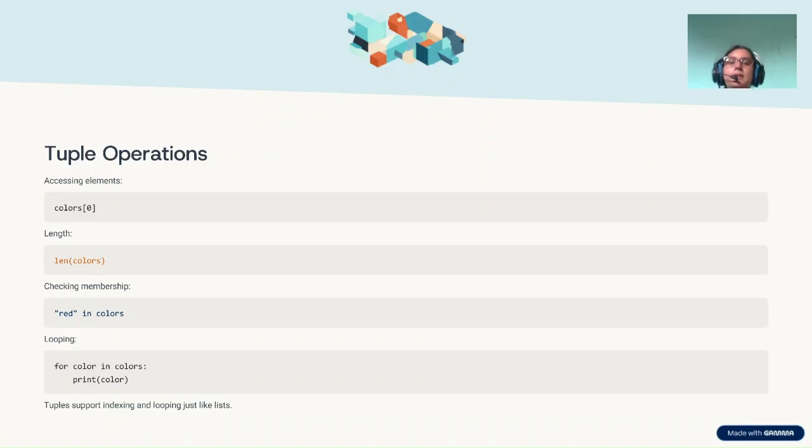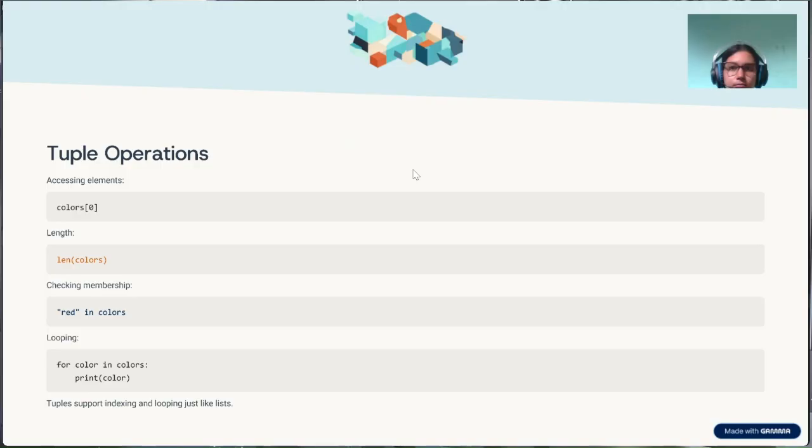But even though tuples cannot be modified, we can still perform several operations on them. Okay? We can access elements, we can find their length, we can check for membership using the in function, right? And we can loop through them just like we loop through lists. So it being immutable doesn't mean it's completely useless or something, right?